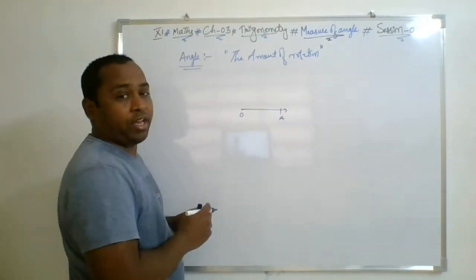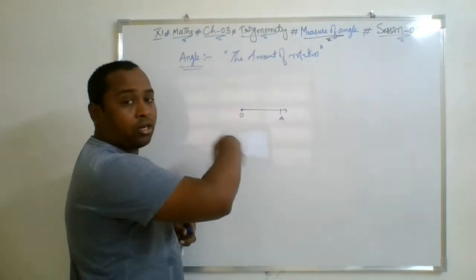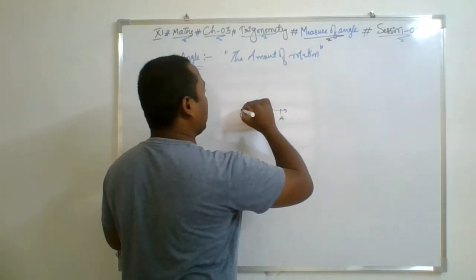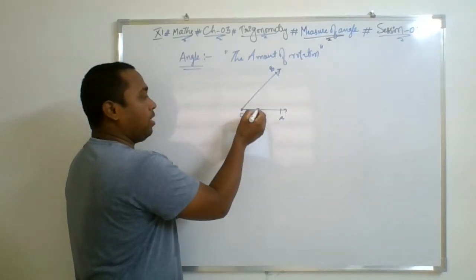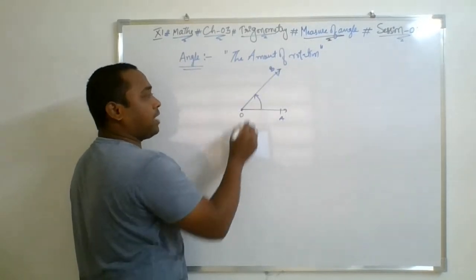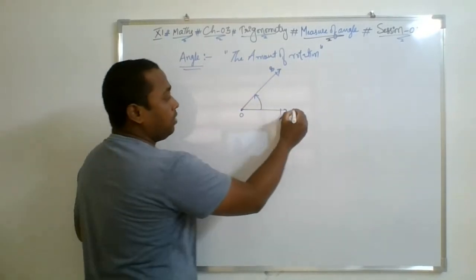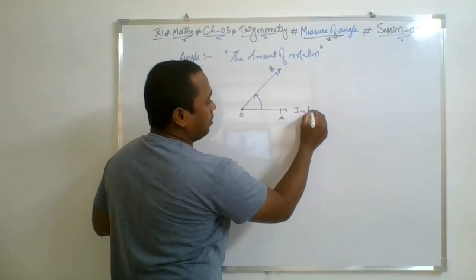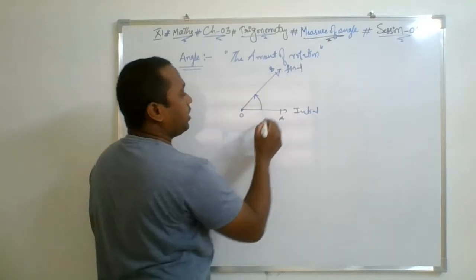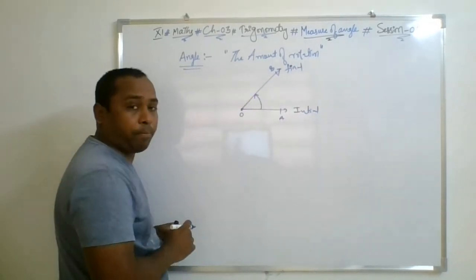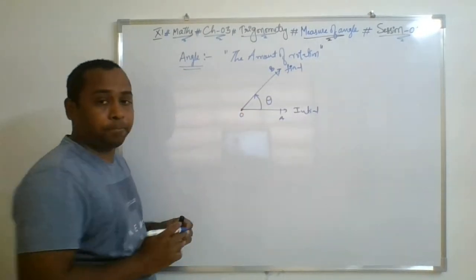It starts moving about the fixed point O, right, in anti-clockwise direction, and it reaches a position. The new position of this ray is OB in anti-clockwise direction. The amount of rotation of the ray from its initial position to get the final position is called the angle, and basically the angle is denoted by theta.